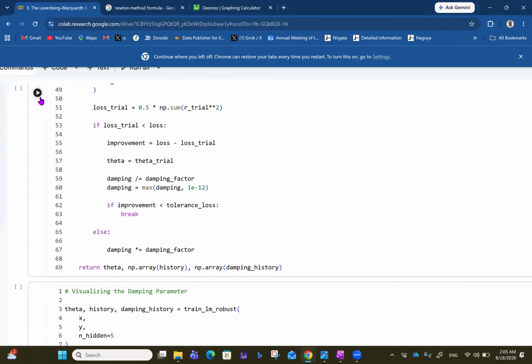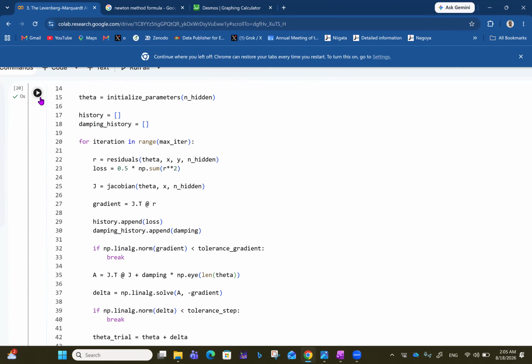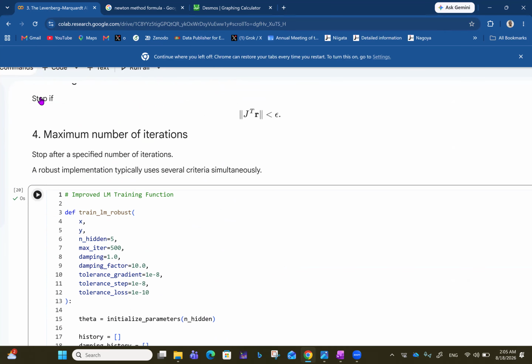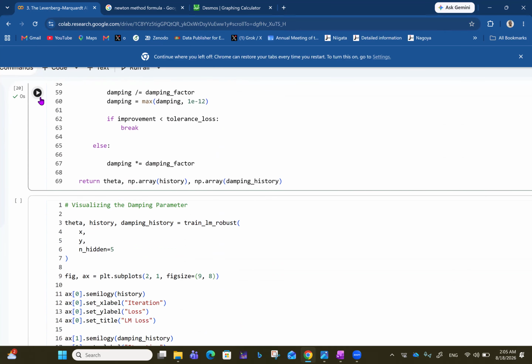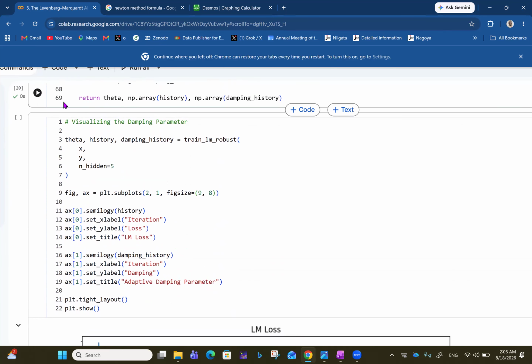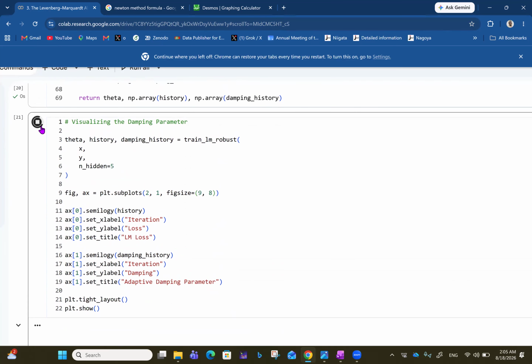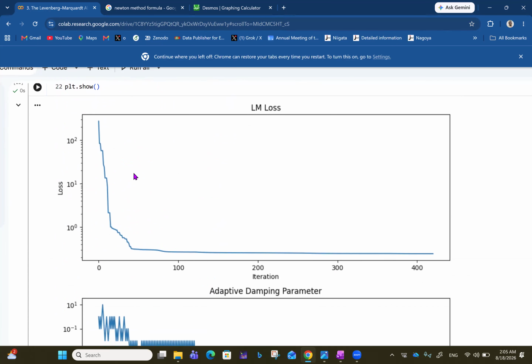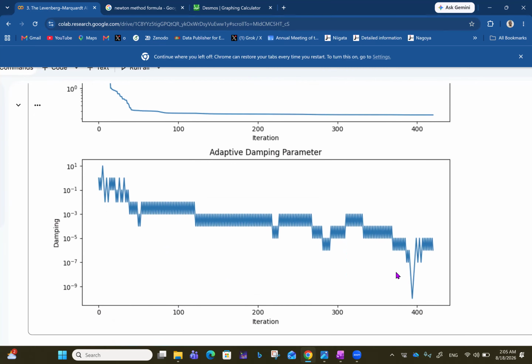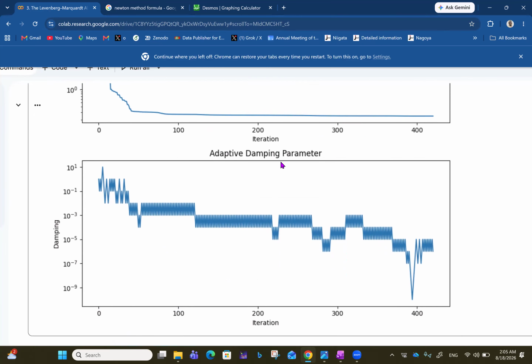So we run the improved Levenberg-Marquardt training function, and then we visualize the damping parameter, because I want to see how it is moving. The loss, of course, goes down sharply first and then slows down. Then for the damping parameter, see what the behavior looks like. This is the adaptive damping parameter.